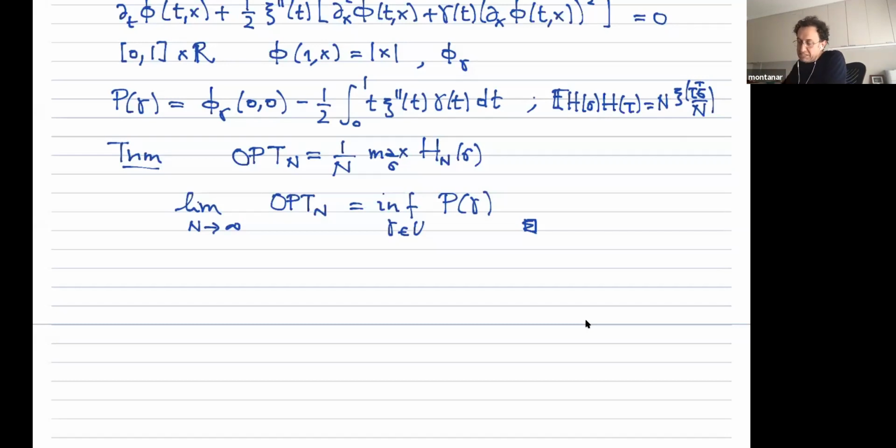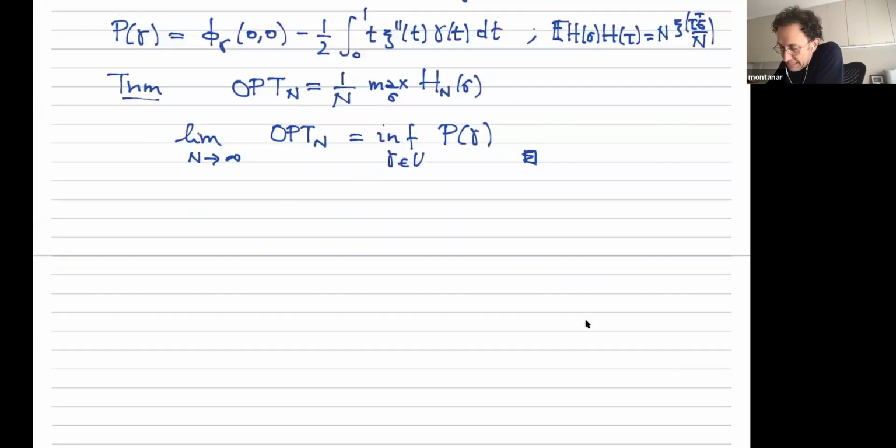Yet another mysterious thing is that this minimization problem has a lot of interesting structure.